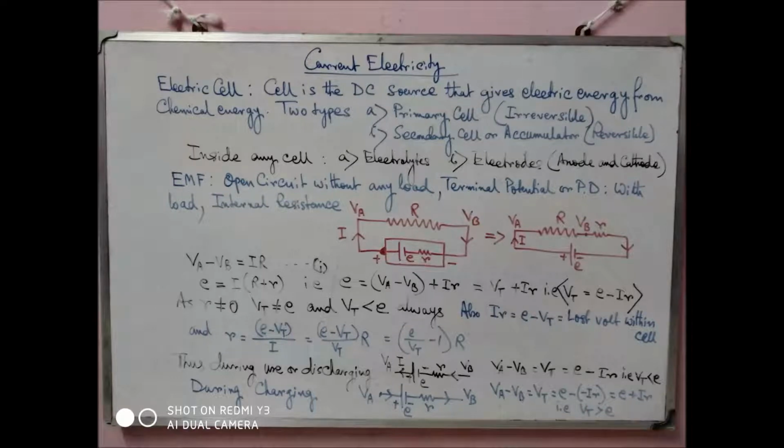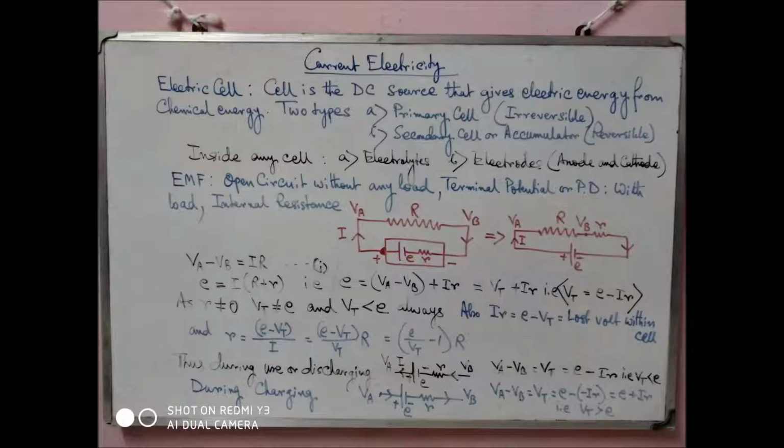Today's topic is electric cell. Now, what does cell mean? Cell means the source that can produce electricity. In this case, the electricity produced, that is the current produced, is DC in nature, direct current.